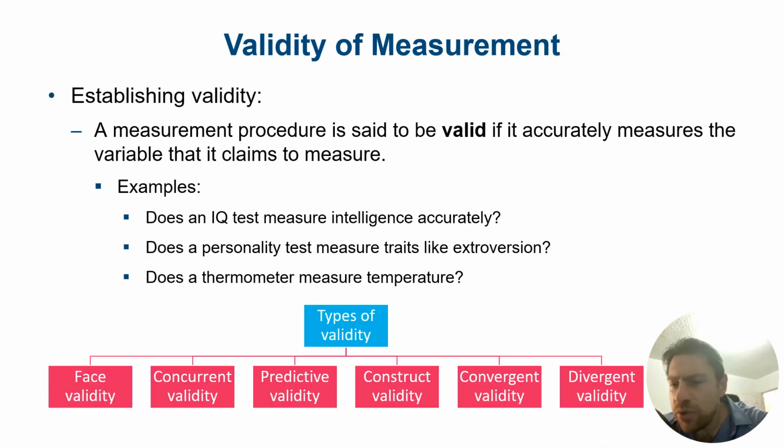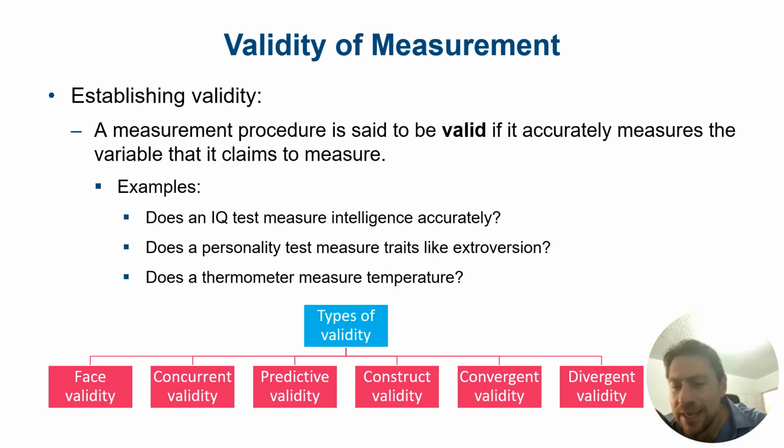All right, so with those ideas in mind about relationships and what they mean, let's begin by defining the first of the two criteria, that being validity. So a measurement is said to be valid if it accurately measures the thing that it claims to measure. You probably want that to be the case. So for example, does IQ actually measure intelligence?